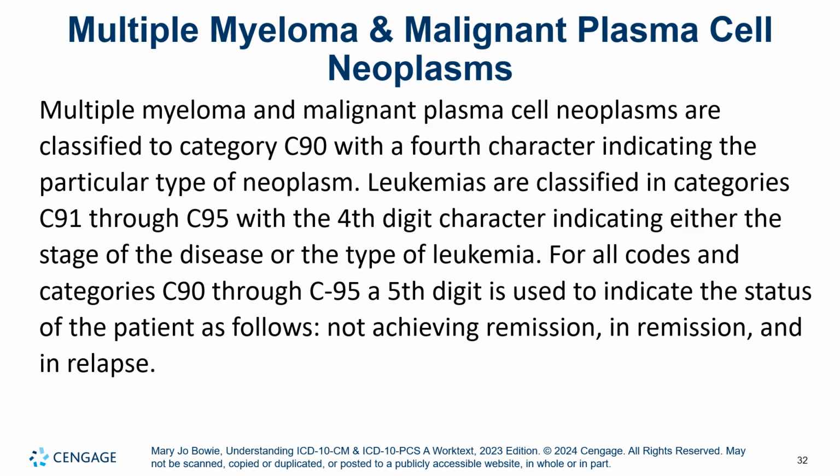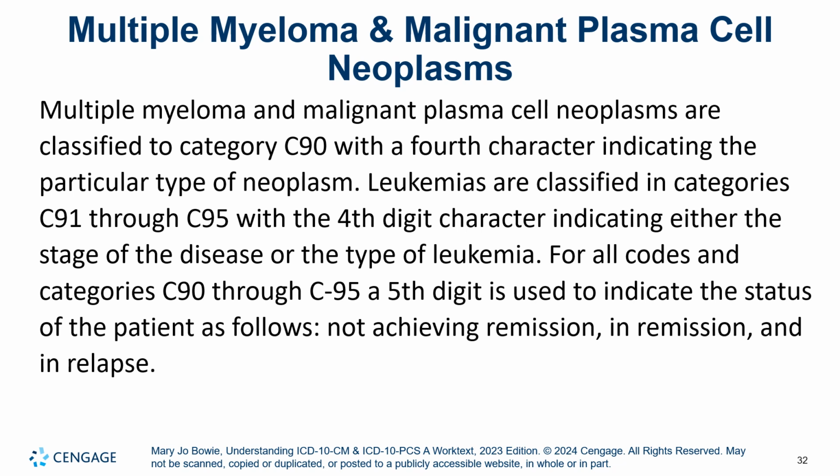Multiple myeloma and malignant plasma cell neoplasms. So multiple myeloma and malignant plasma cell neoplasms are classified to category C90 with a fourth character indicating the particular type of neoplasm.